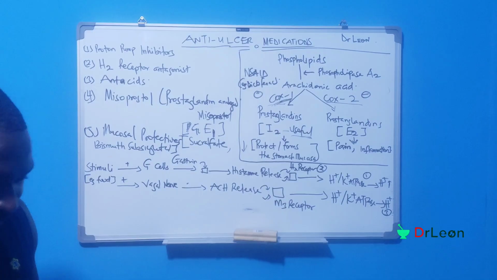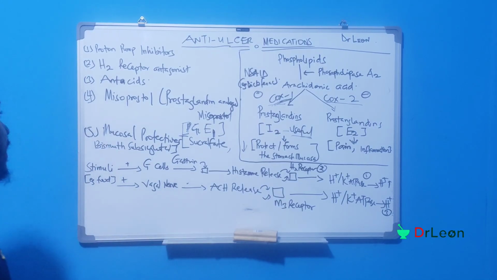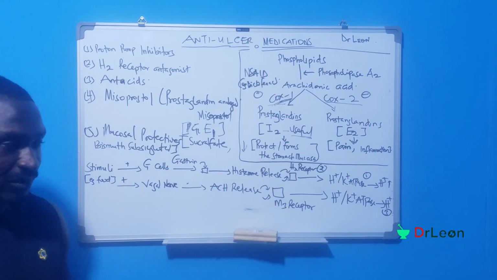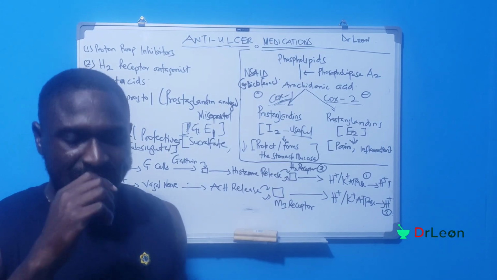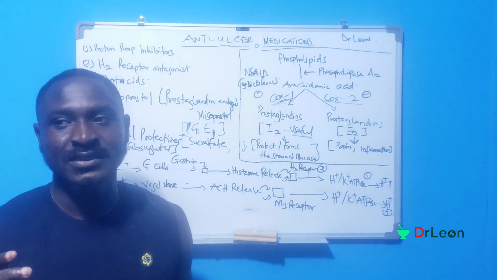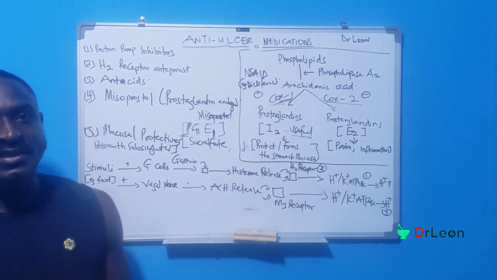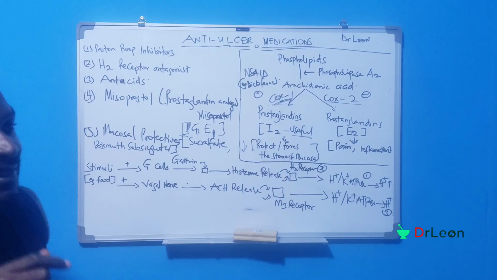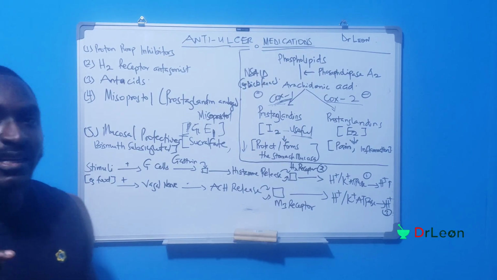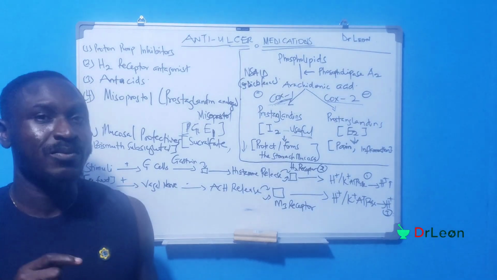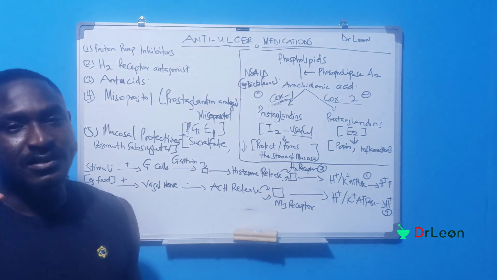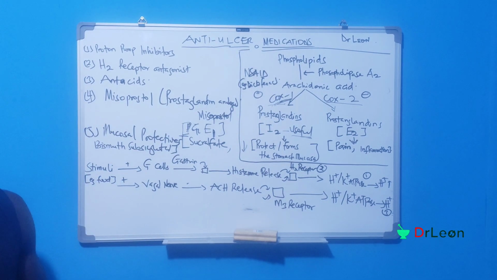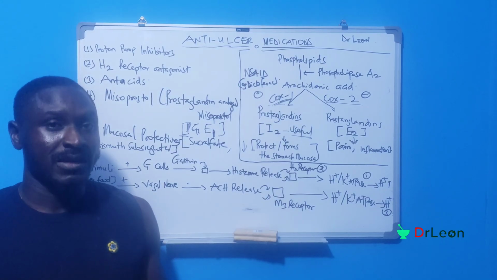So basically, these are the main classes of anti-ulcer medications that we can talk about. But we can also add certain medication. They are not, should I say, anti-ulcer per se, but they are also used to treat certain types of ulcer, which is the H. pylori induced ulcer. Since H. pylori is an organism, definitely you make use of antibiotics.